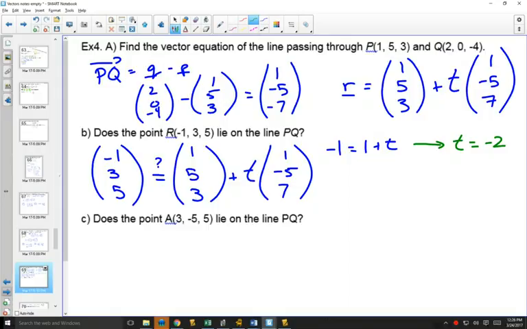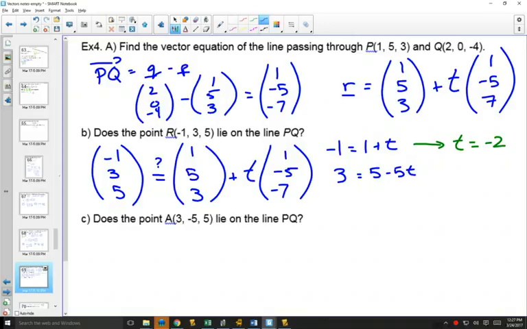So there's my parametric equation for x. If I look at my parametric equation for y, I'd have 3 equals 5 minus 5t.